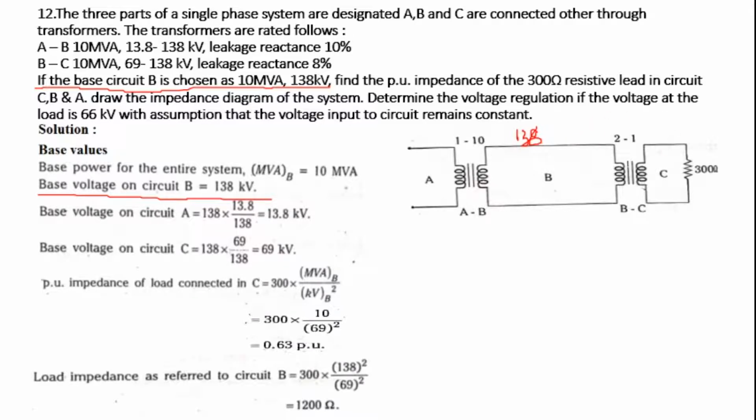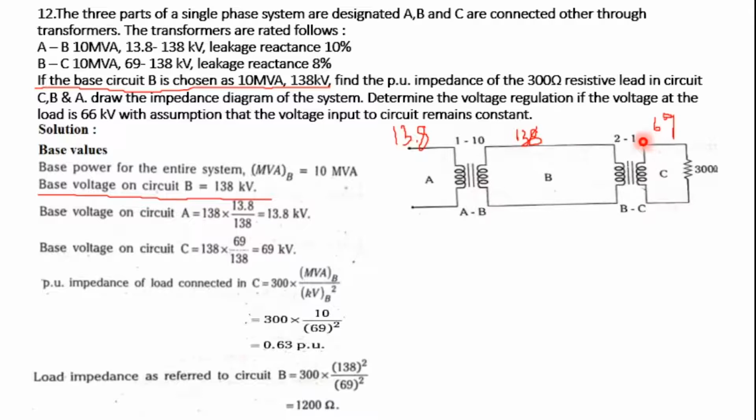This is working at 138 kV and this at 69 kV, and this at 13.8 kV. So this 300 ohm I need to transfer to the circuit B based on the voltage ratio.